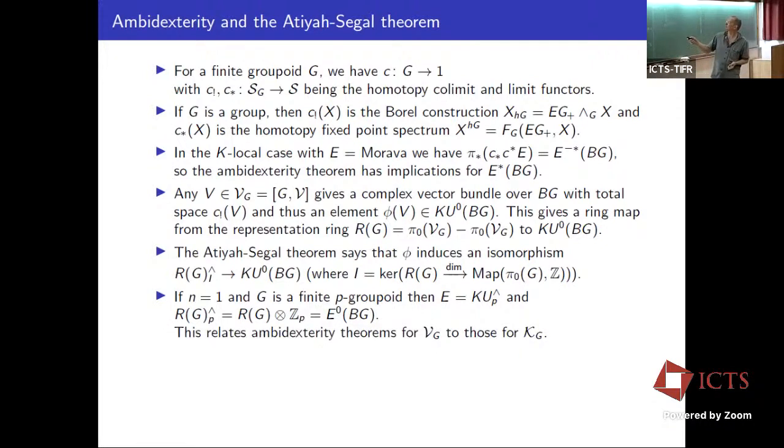And so, as I said, we're going to have these ambidexterity theorems in the Morava E theory. But we've already mentioned that there are these quite elementary and classical ambidexterity theorems for representations, and they're tied together by this kind of Segal story.